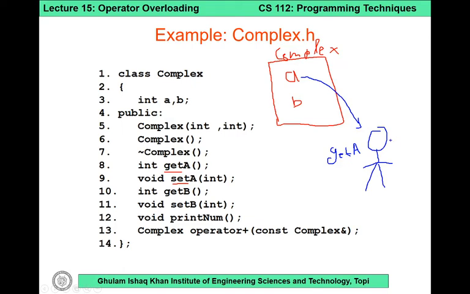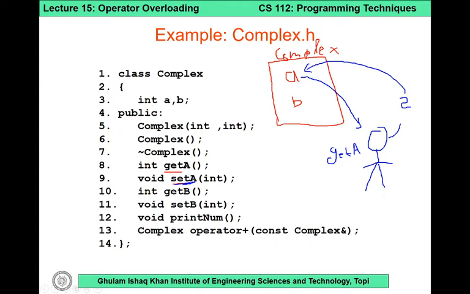And if this person wants to set the value 2 to this variable, the value 2 will be assigned using the set a function. So the names get a and set a, or get any variable and set any variable, are from the perspective of the person outside the class.